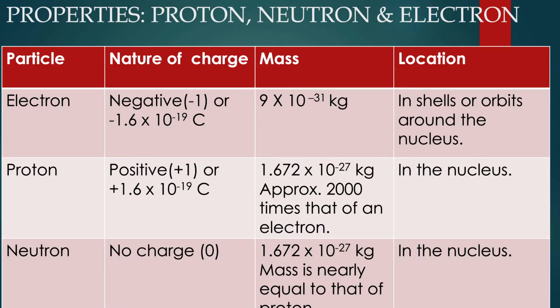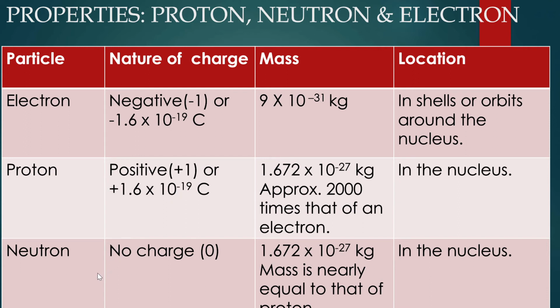If we just tabulate the different properties of proton, neutron and electron in a table, then the electron has a negative charge, equivalent to minus 1.6 into 10 to the power of minus 19 coulombs. And the proton has a similar quantity of charge but positive, that is plus 1, or plus 1.6 into 10 to the power of minus 19 coulombs.